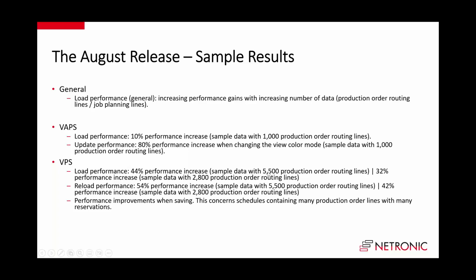We have one sample database with 5,500 production order routing lines, and we achieved a 44% performance increase, which highlights the point that the performance gains increase with increasing amounts of data, as there was a 32% performance increase with roughly half the amount of production order lines.